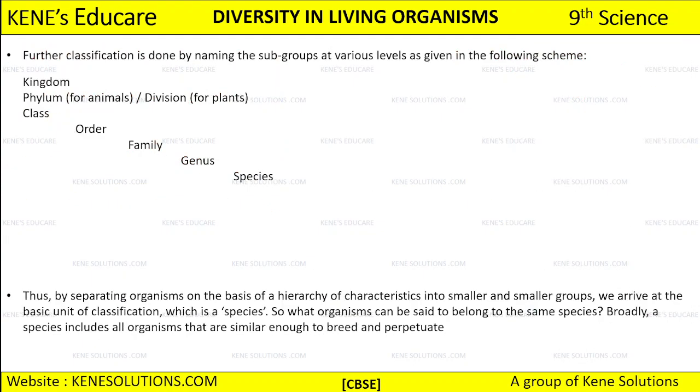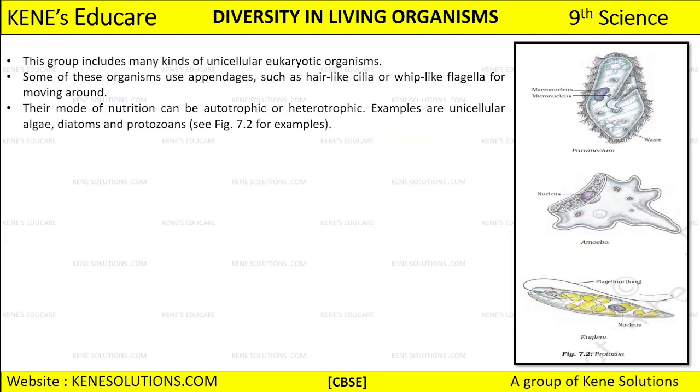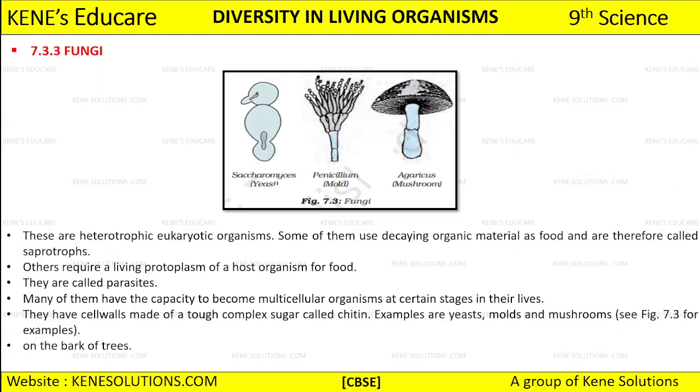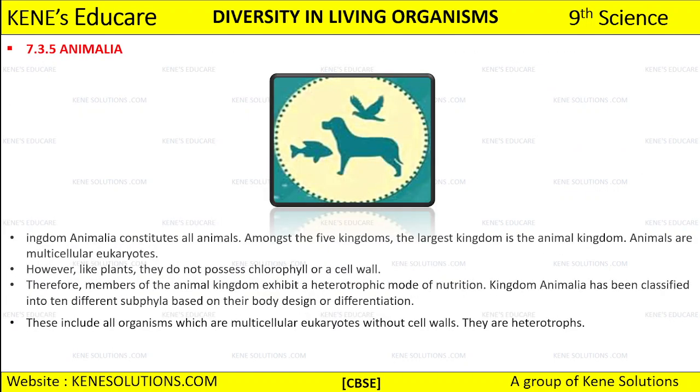This is the Paramecium, amoeba and protozoa, which are examples of Kingdom Protista. In the next class we are going to start with Kingdom Fungi. We have Kingdom Plantae and Kingdom Animalia. A few characteristics have been given here that we are going to discuss later in this lesson.